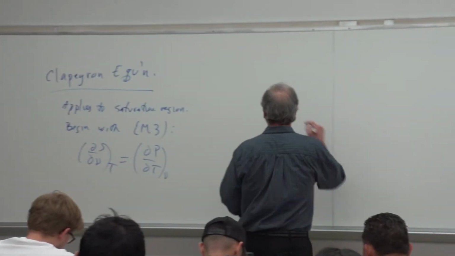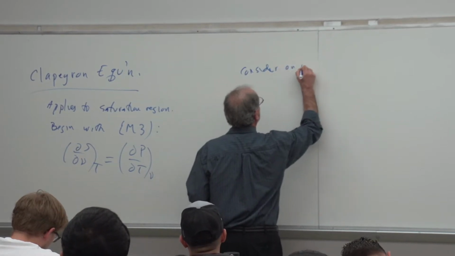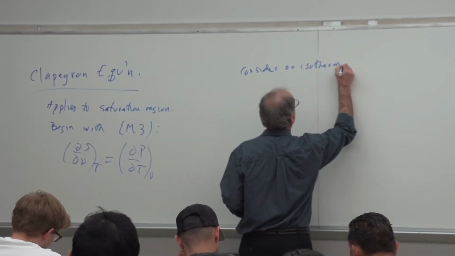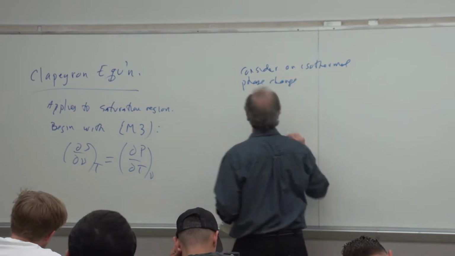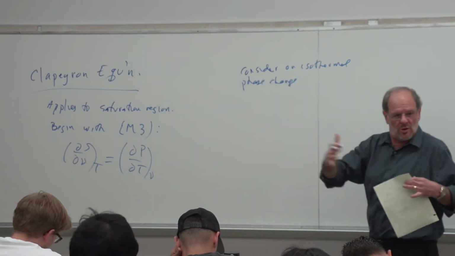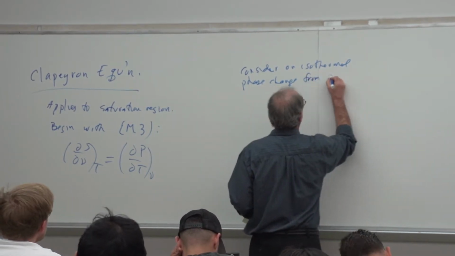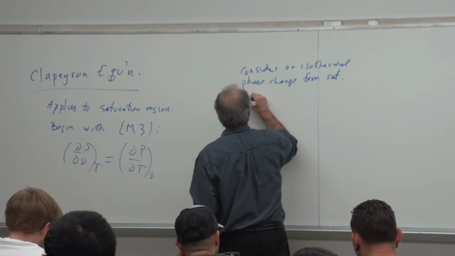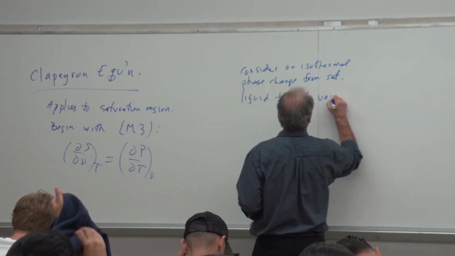So let's just consider an isothermal phase change. And this isothermal phase change will go through the entire saturation region. So in other words, from a saturated liquid to a saturated vapor.